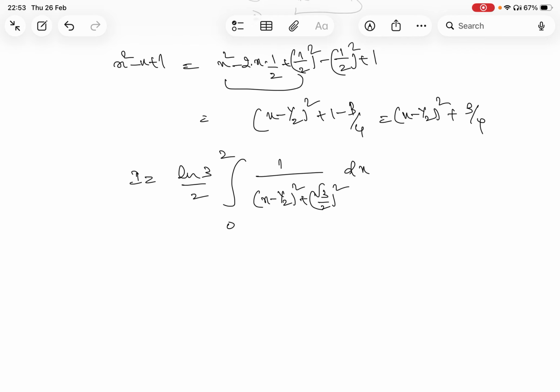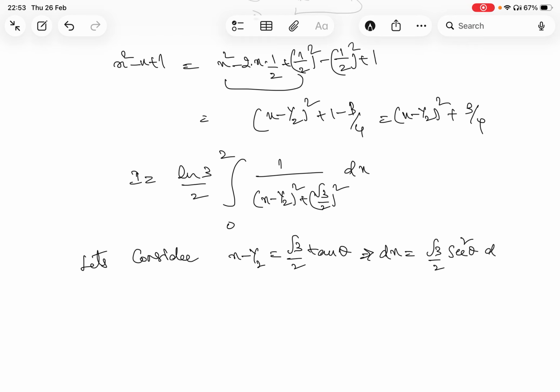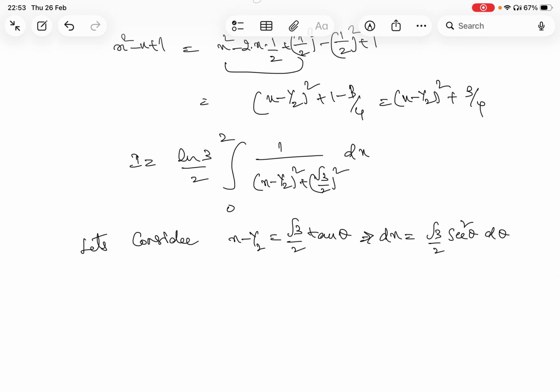Now, as you know, let's consider a simple substitution. Let x minus half equal to root 3 by 2 tan theta, right? Then dx becomes root 3 by 2 secant square theta d theta. Fine. Now what about the integration limits?